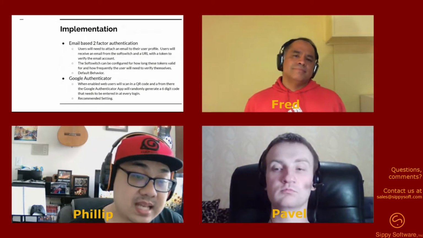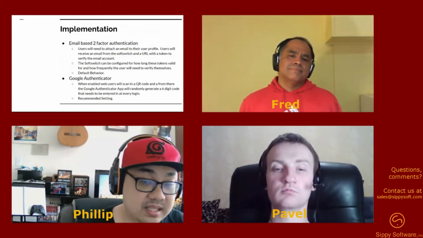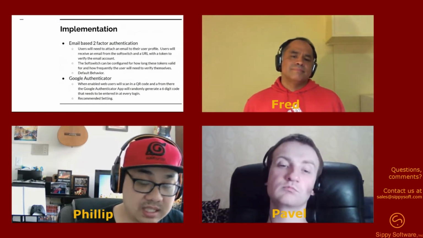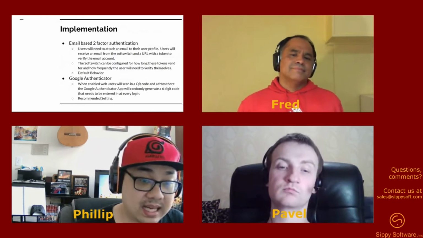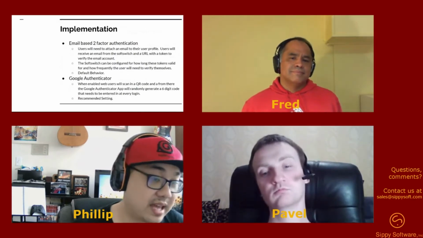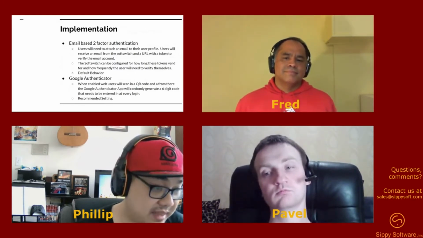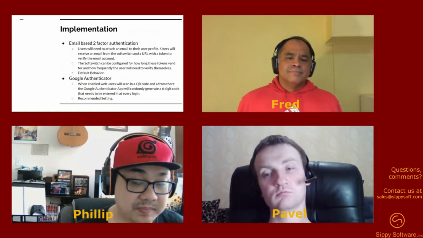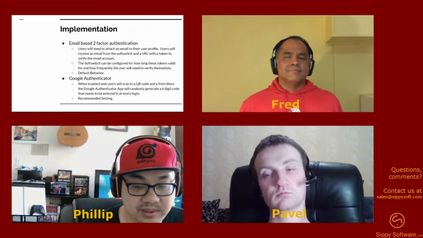Users will need to attach an email to their user account, and the softswitch will send out an email with a token, which is pretty much a link that users click to verify that the login was the right person. So in this condition, you have access to your email, you click on the link, and this is how the softswitch verifies whether or not you can gain access to the softswitch.